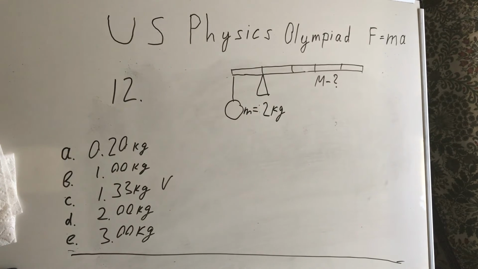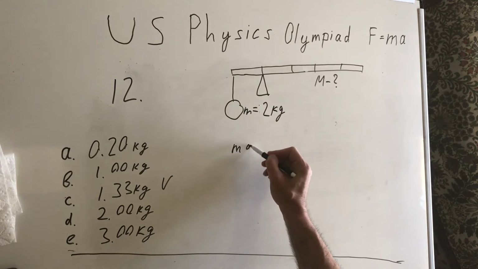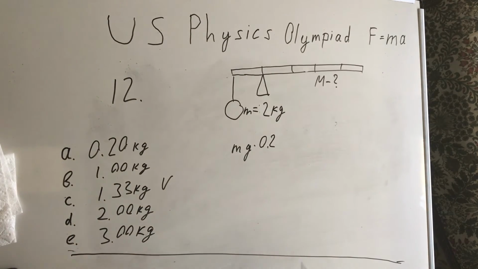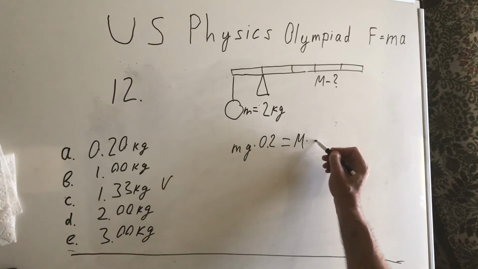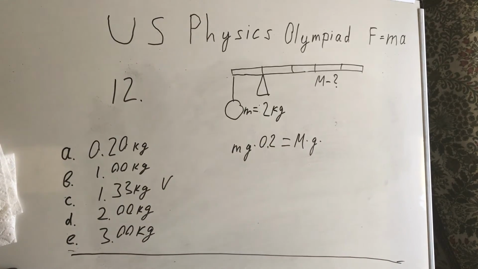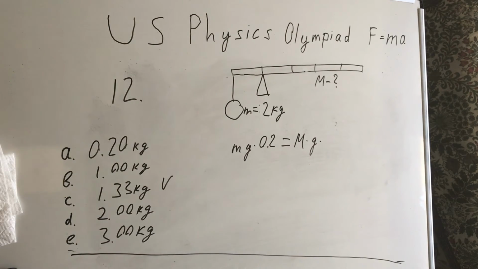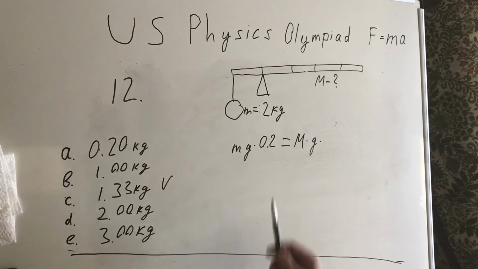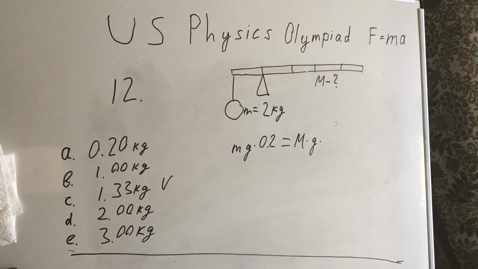So for this we need to write the torque from the left, which is mg by 0.2 meter, and that's equal to unknown mass m g multiplied by the distance from the center of gravity of this stick, which is right in the middle of the stick. So this distance is 0.3 meters.